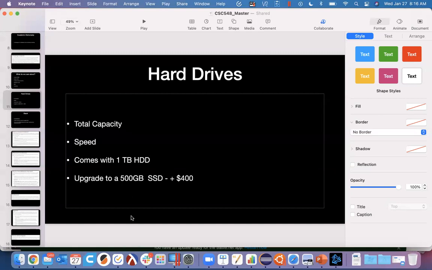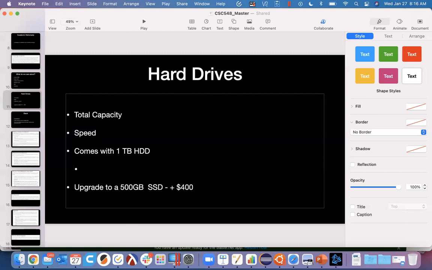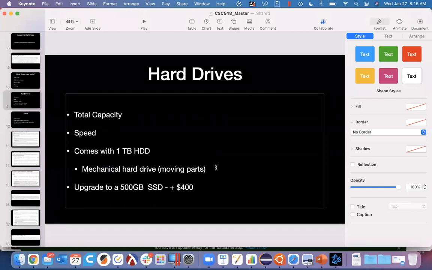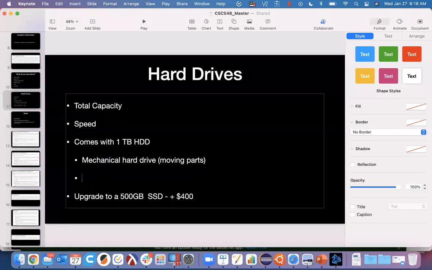All right, so in any case, this guy here is a mechanical hard drive, i.e. moving parts. All right, so it's got moving parts. When we're measuring mechanical hard drives, what things do we look at?